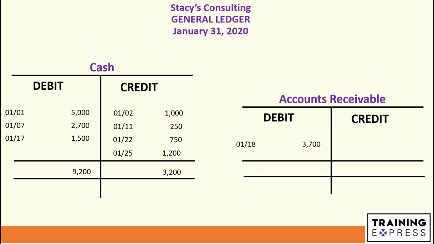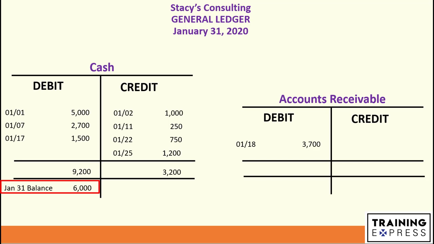Now it is clear that the debit side is greater than the credit side. So how can we balance this ledger? We will write the difference between the debit and credit side on the same side which is greater. So you can see in this case, the debit side is greater than the credit side by $6,000. So we will write the ending balance on the debit side of this cash ledger.